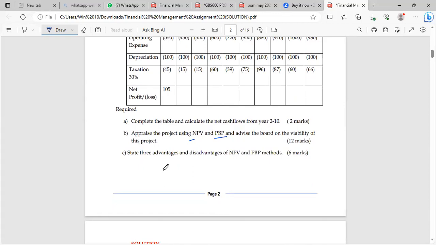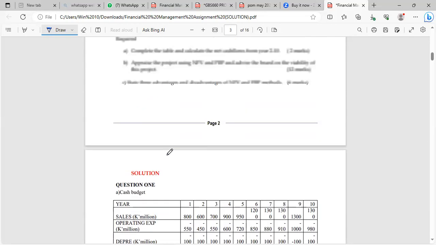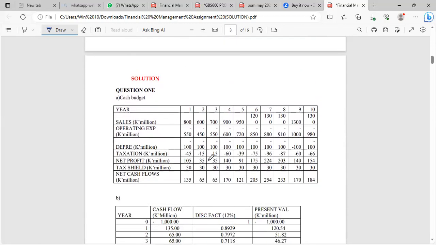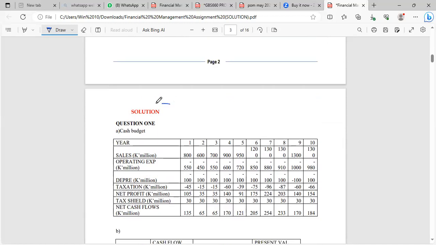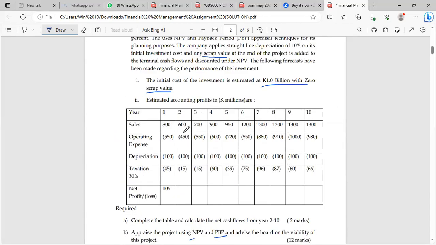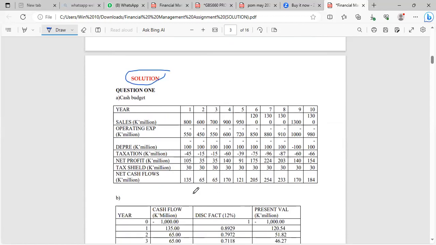All right, so the solution that we have here is that we are simply subtracting to get these other ones here.